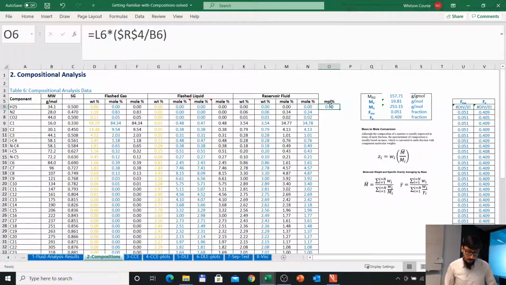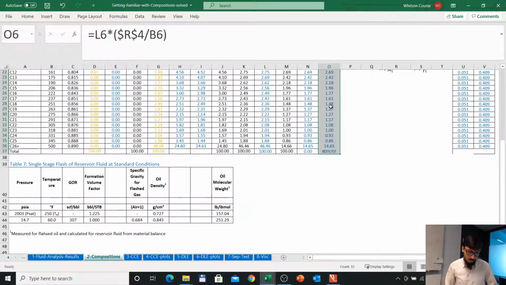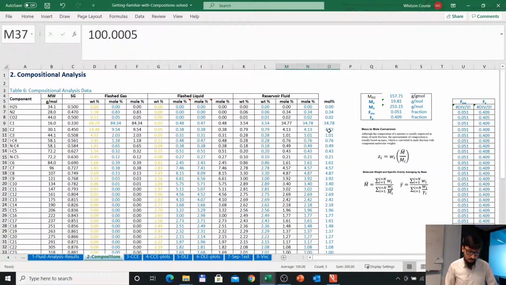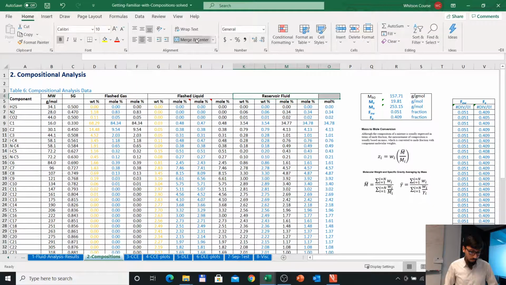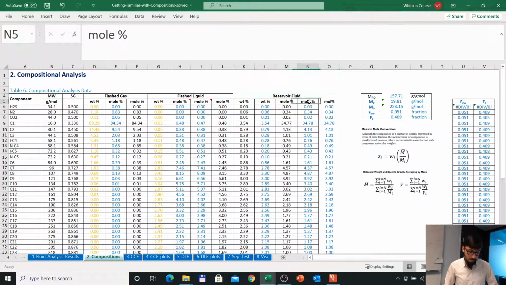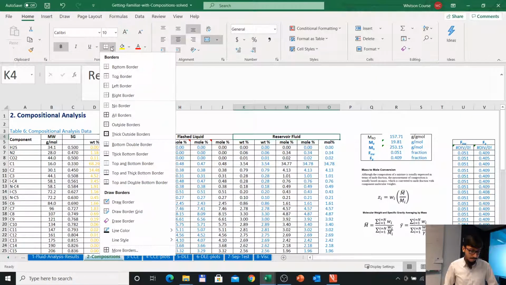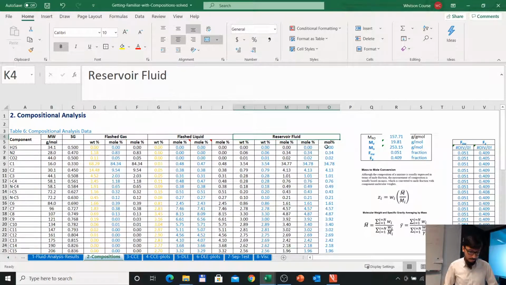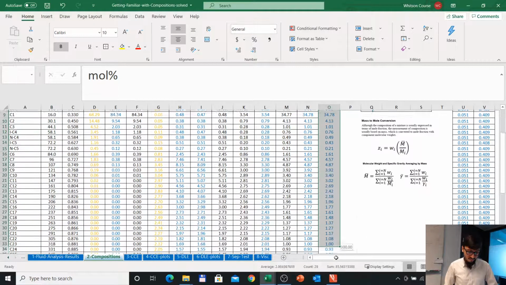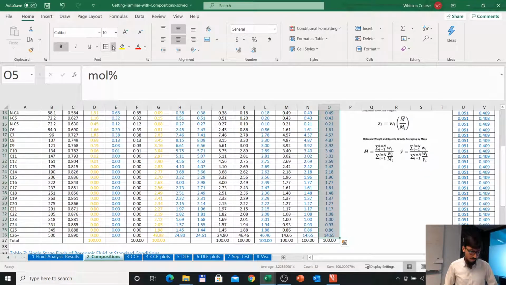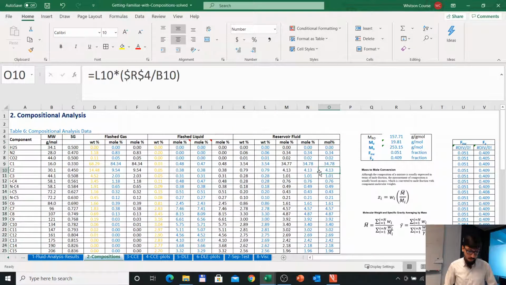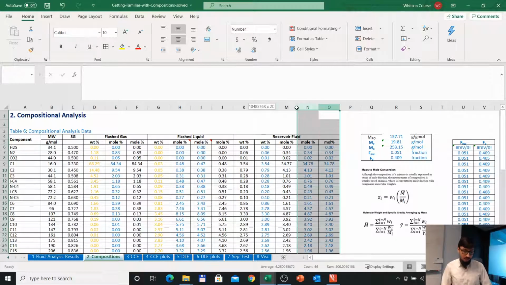Then just drag it down, and if you compare these three numbers, they are kind of identical.